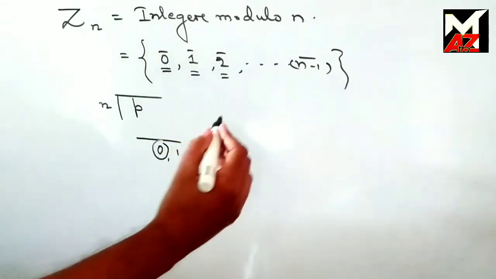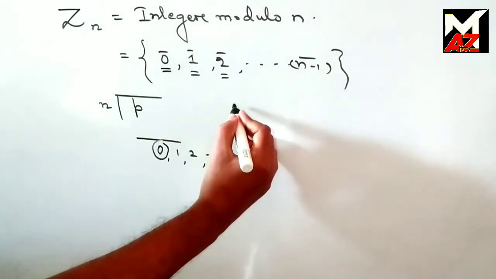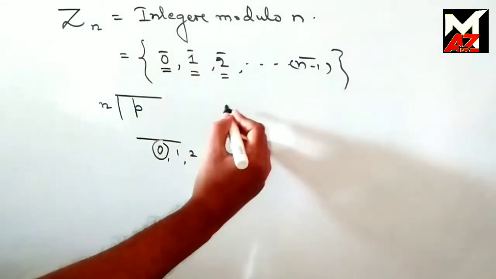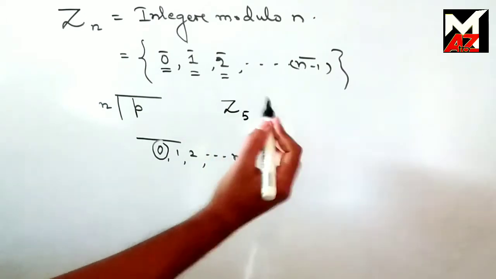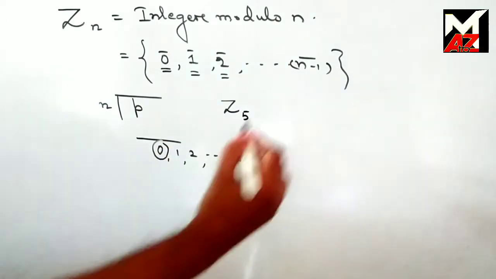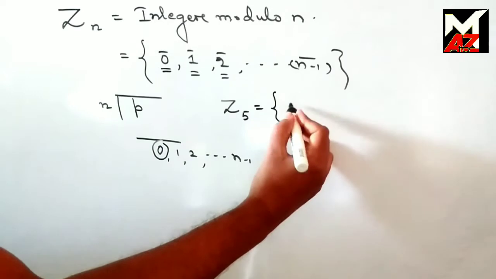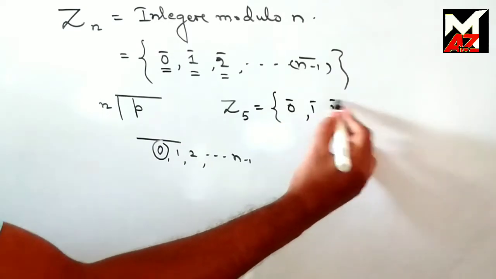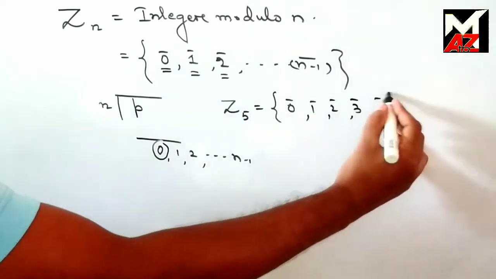For example, if we take Z5, then this set contains 0 class, 1 class, 2 class, 3 class and 4 class.